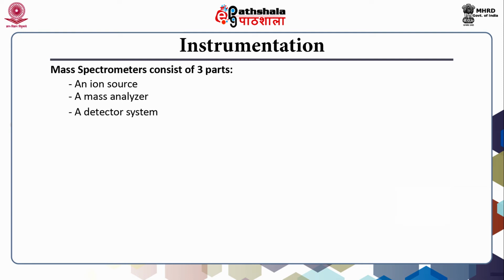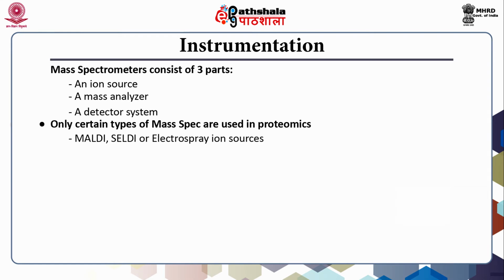Because our major focus today is proteomics and how mass spectrometry is used for proteomics applications, we will discuss the various parts of the mass spectrometer which can be used. Only certain types are used in proteomics, for example MALDI, or electrospray ion sources. Second, time of flight, quadrupole or Fourier transform mass analyzers.